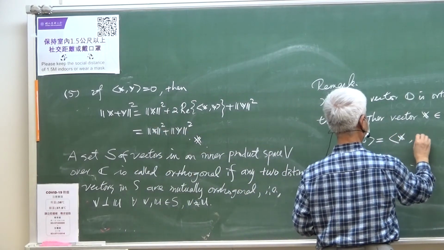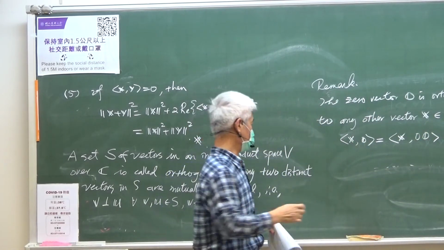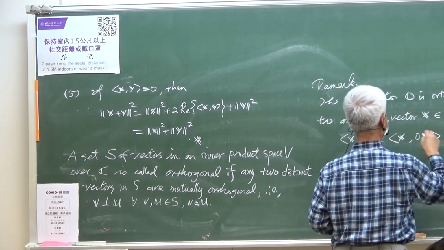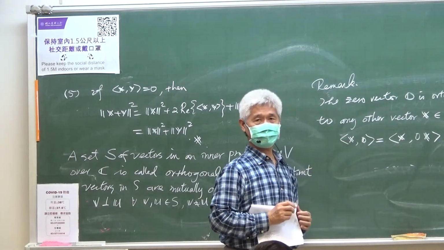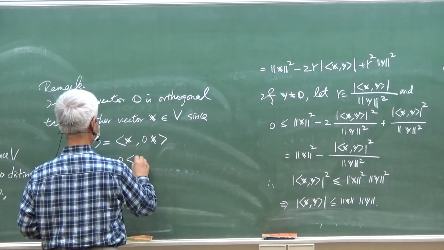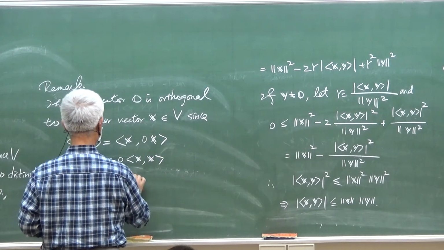Or you can say 0 times x, and by linearity and conjugate linearity, this is 0.